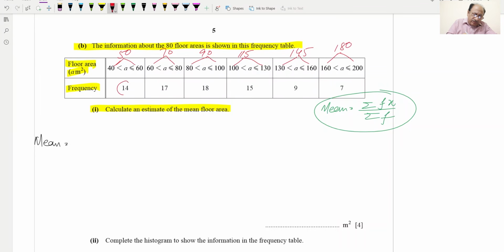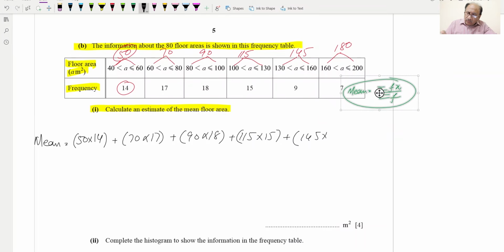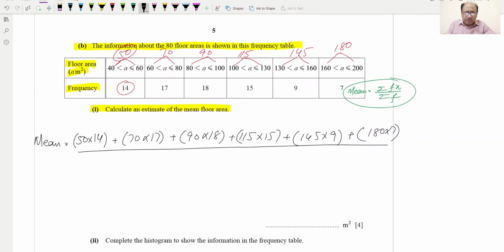Now we'll take these midpoints and multiply them with the frequency, and we will write here 50 into 14 plus 70 into 17 plus 90 into 18 plus 115 into 15, plus 145 multiplied by 9, plus 180 multiplied by 7, and this whole thing is divided by the total sum of frequencies, which is 80 in this case.